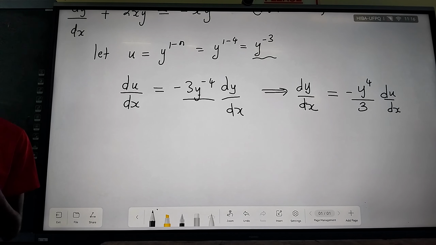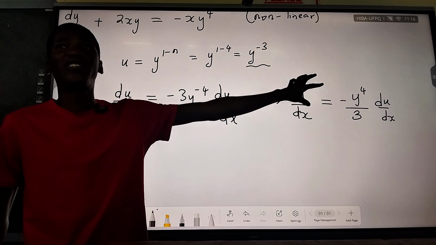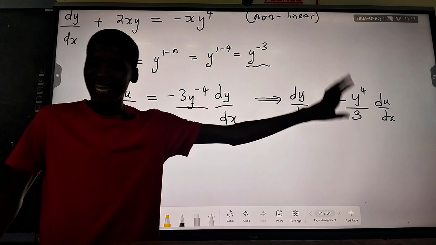So just and then man, just when dy dx, that is part of our first order differential equation. But we found it in terms of du dx. So lapho so substitute manje dy dx wethu omusha. Siyambona ngisho dy dx, that is in terms of u.